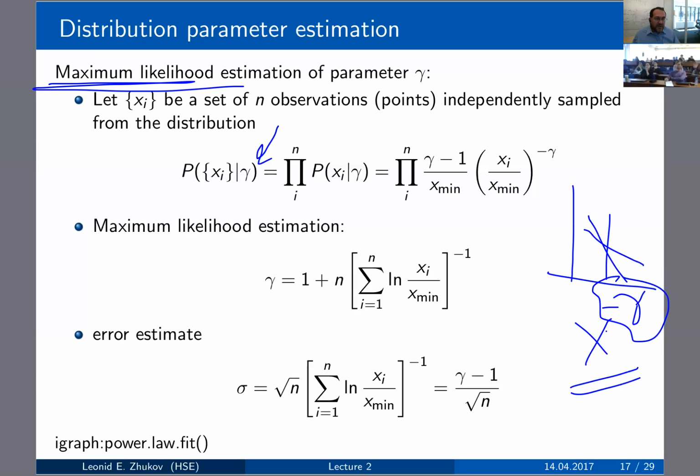And another parameter is this x min, or the point from which we're starting mapping. So given our data and those parameters, we're trying to estimate the probability that if we had a model with a parameter gamma, it will generate the type of points that we have.